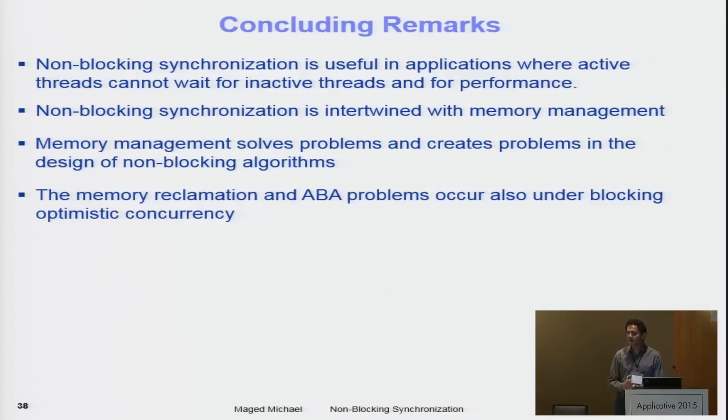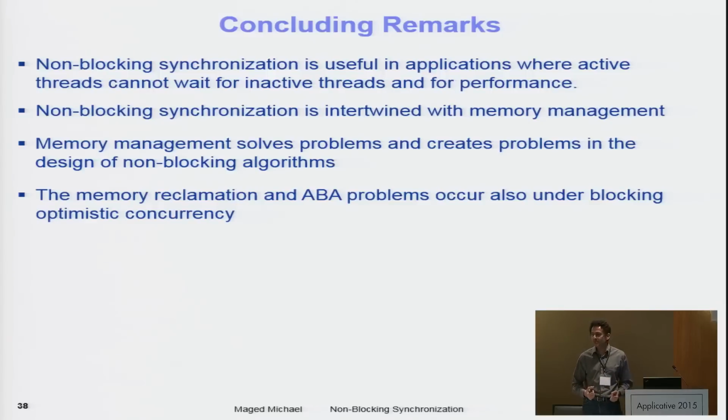I should point out that memory reclamation and the ABA problem occur in optimistic concurrency. So you might not need non-blocking synchronization, but actually you might be designing an optimistic algorithm where, let's say, you're traversing a tree and only lock at the leaves when you're about to do updates.